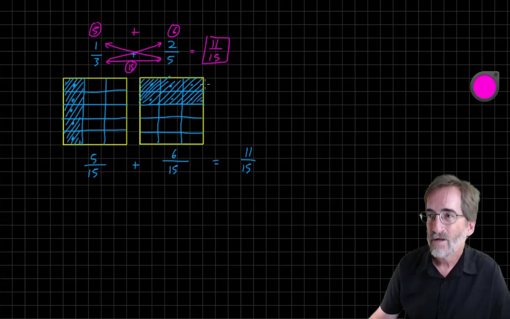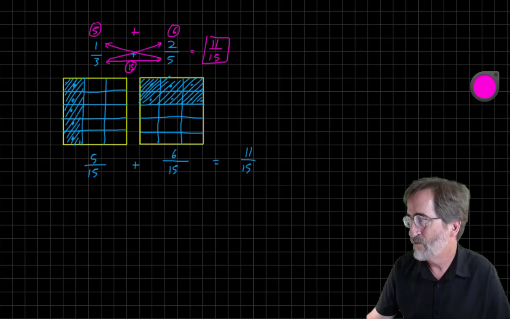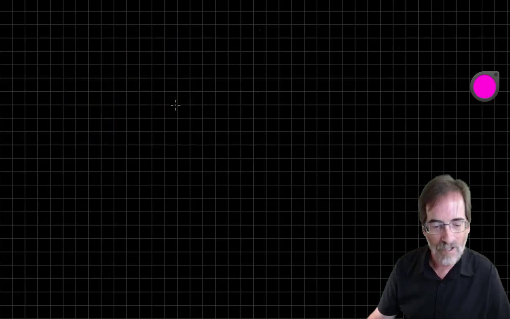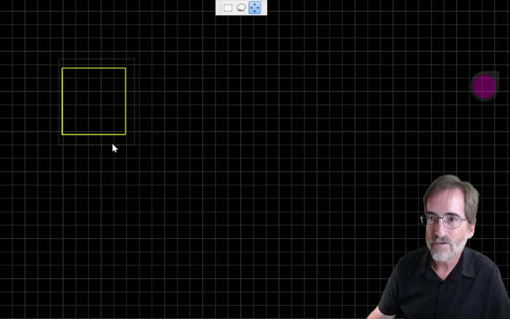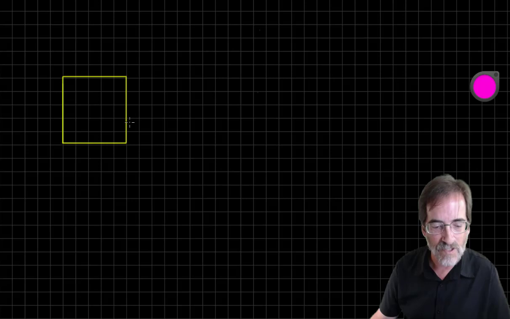Okay, so let's try another here, just to be very clear, to make it clear here. And I just realized I drew on the original. Okay, so let's do this here. So 1 square represents 1 whole.